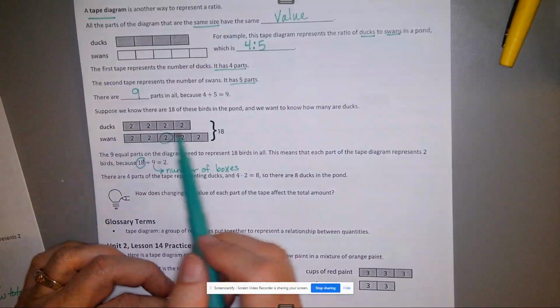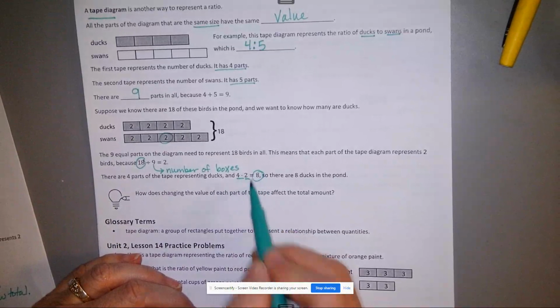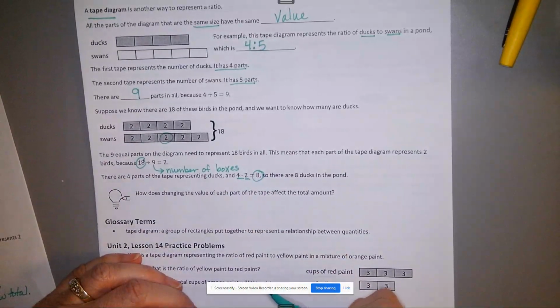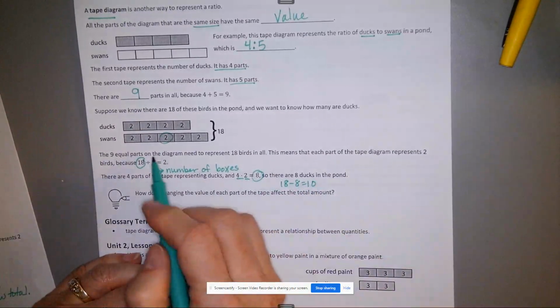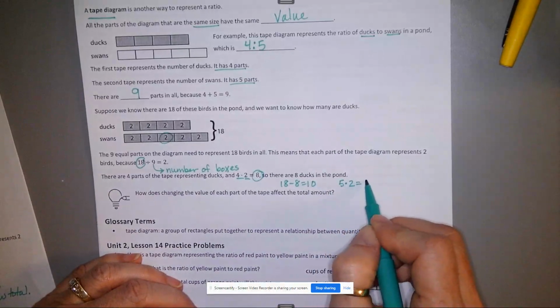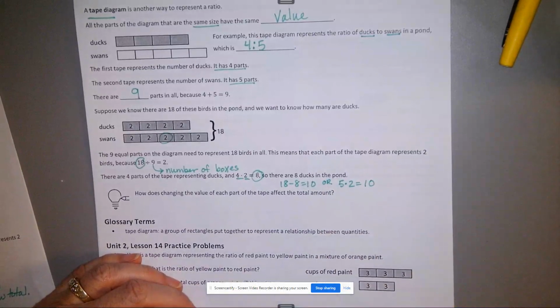So for example, if there's 4 boxes of ducks and each box is a 2, 4 times 2 is 8. If there's 8 ducks in the pond, how many are swans? I could think 18 minus 8 equals 10, or I could think 5 times 2 equals 10. Either way, there's 10.